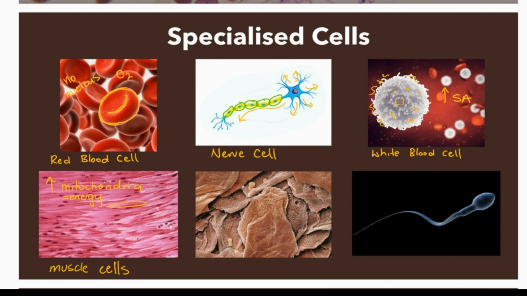This next one here looks kind of gross, but these are our epithelial cells, otherwise known as our skin cells. We can see here that we've got many different thin layers, and these thin layers are overlapping each other. This allows for constant dividing to replace lost and dead cells.